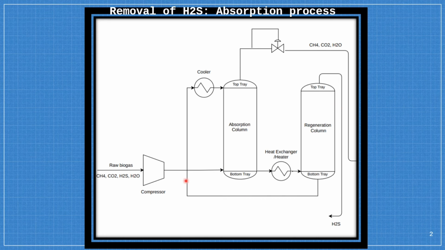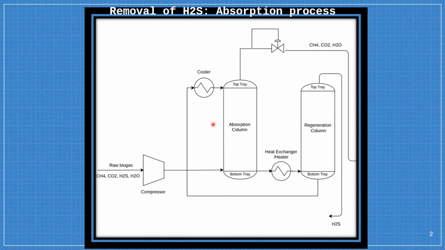It is then fed through the bottom tray of the absorption column, where there will be absorbent used, which is amine solution. Amine solution in the absorption column will absorb the hydrogen sulfide, leaving the biogas stream with the composition of methane, carbon dioxide, and water.